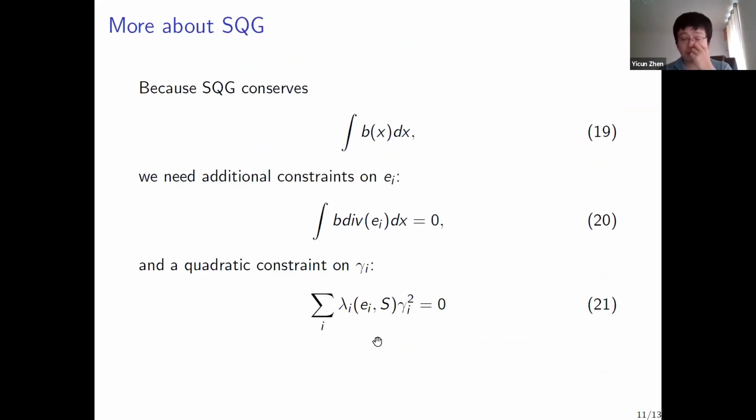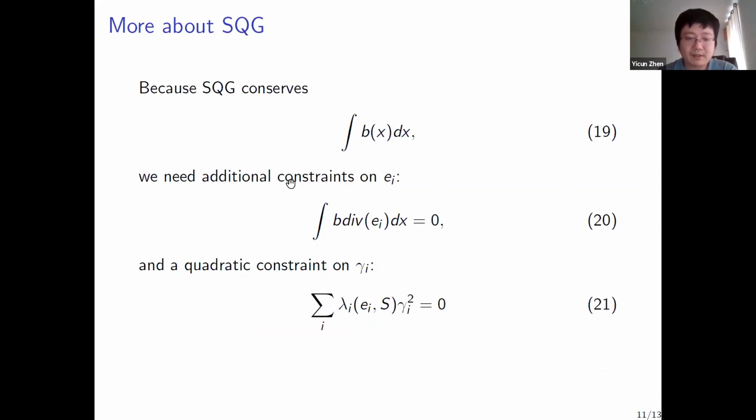But there are still some issues here, due to the conservation of quantities. SQG does not only conserve b squared, it also conserves the integral of b. So after we do the modification, we also need to conserve this quantity. But we cannot get to this conservation directly.